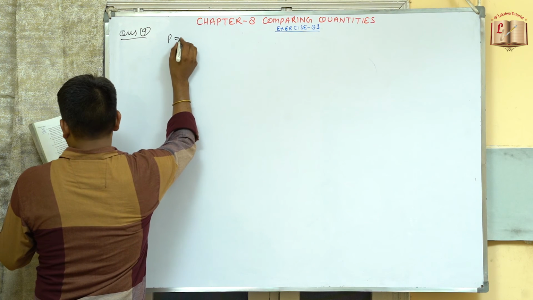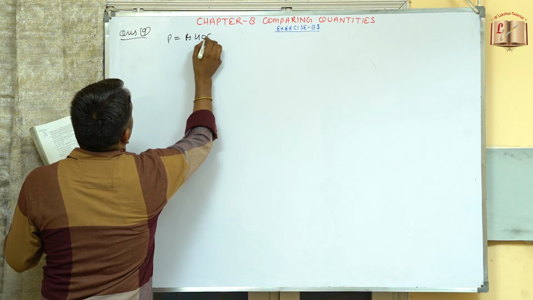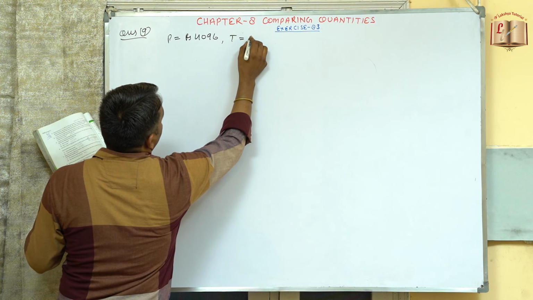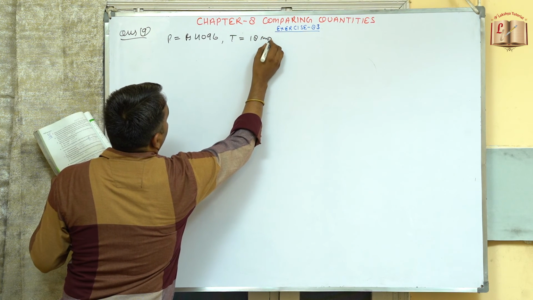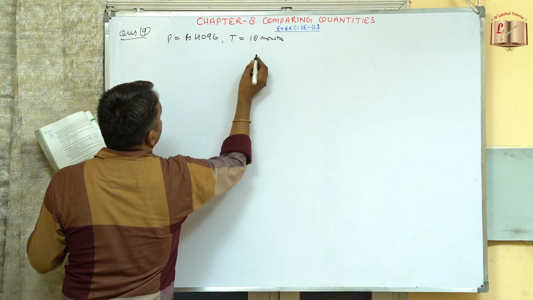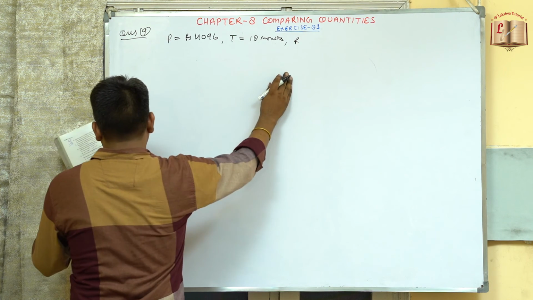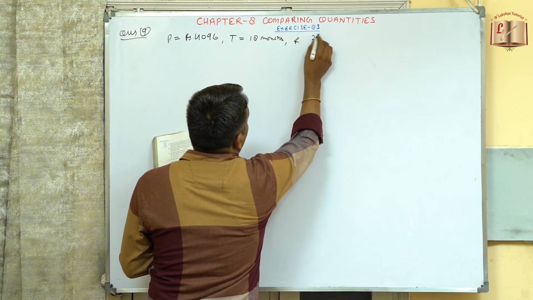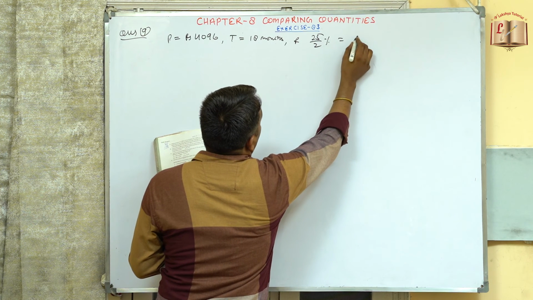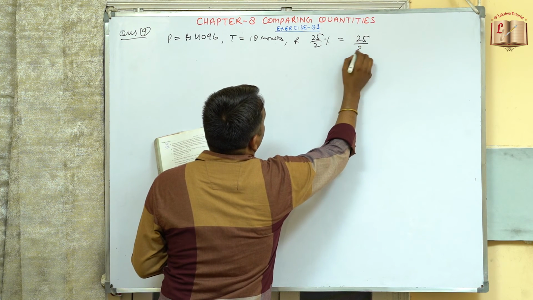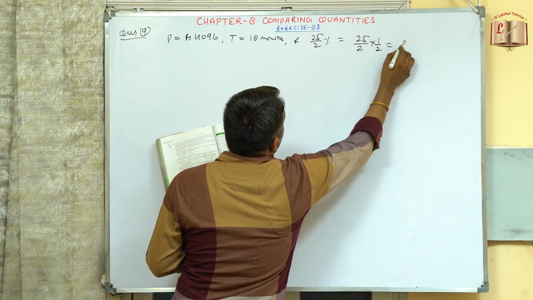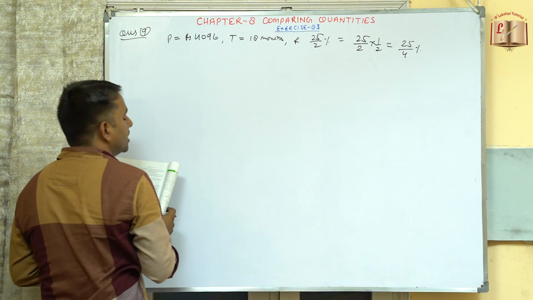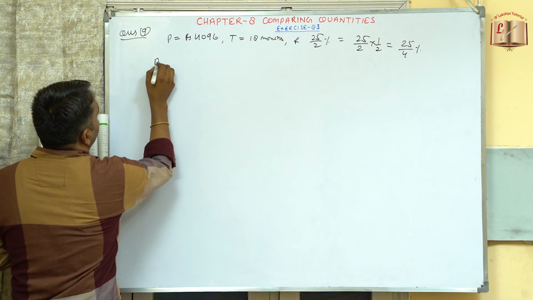So P equals rupees 4096, time is 18 months, and rate is 12 and a half, so this is 25 by 2 percent. For half yearly it has to be half of this, so 25 by 4 percent. Now we can find A.